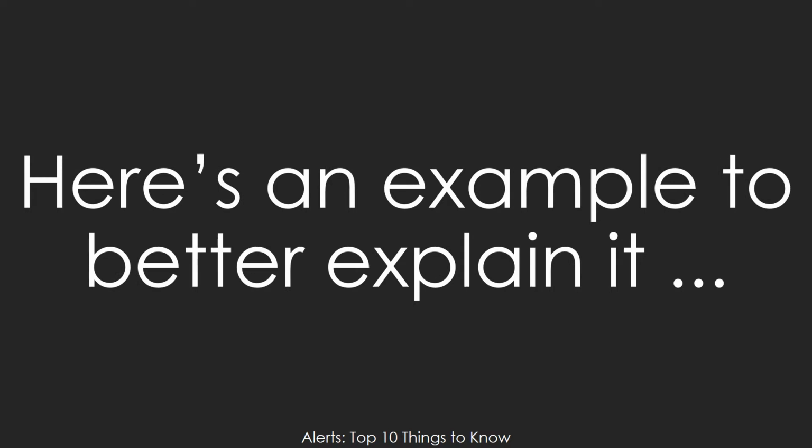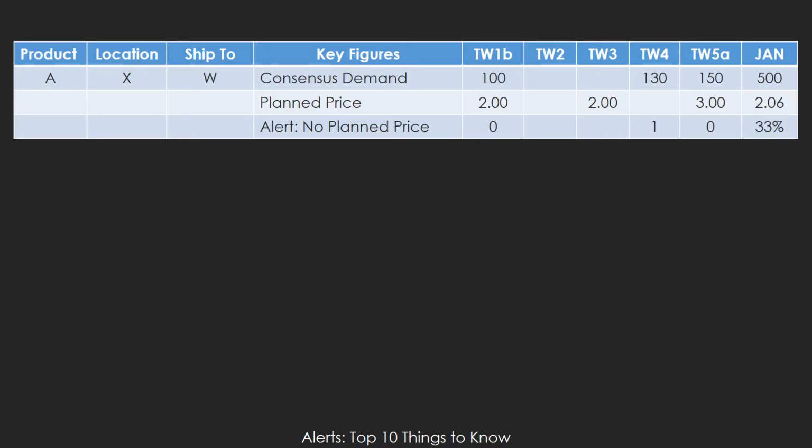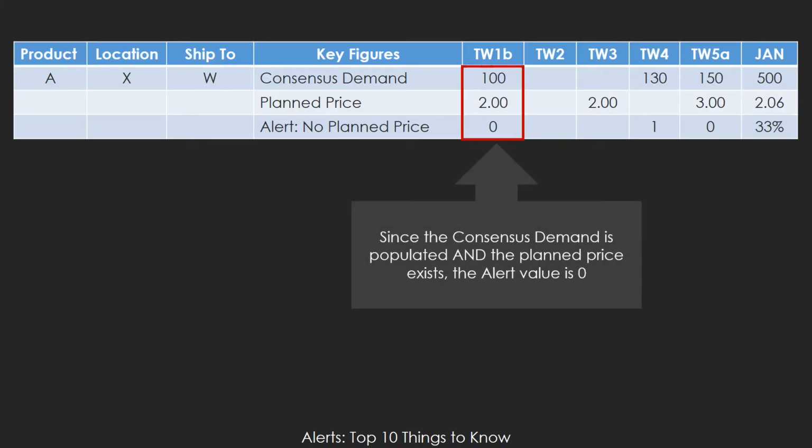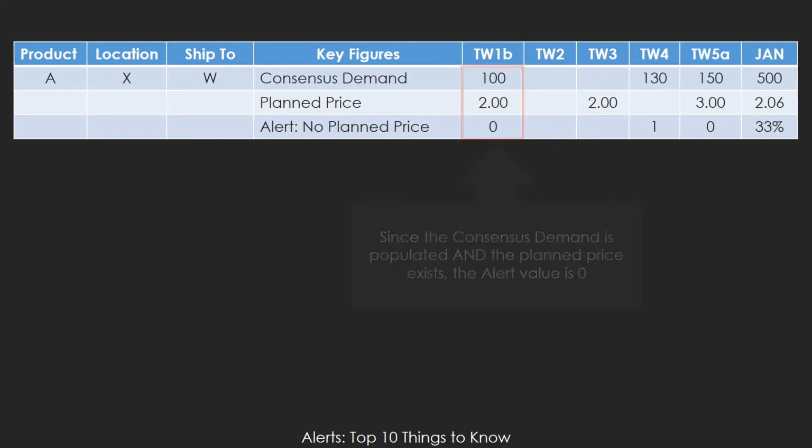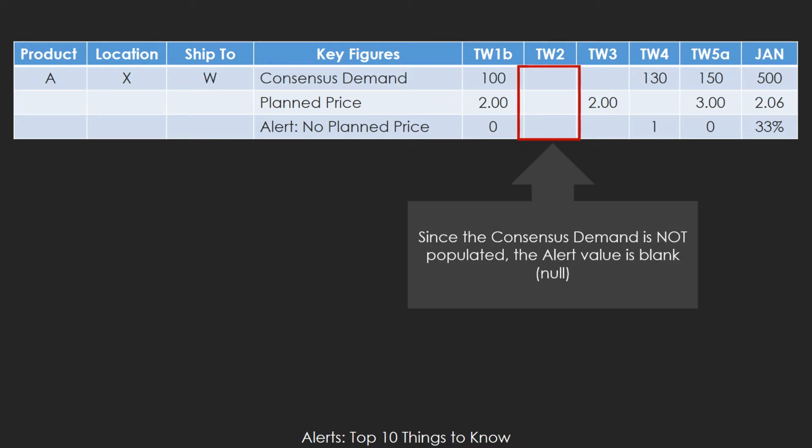Here's an example to better explain it. Since the consensus demand is populated and the planned price exists, the alert value is 0. Since the consensus demand is not populated, the alert value is blank, or null.